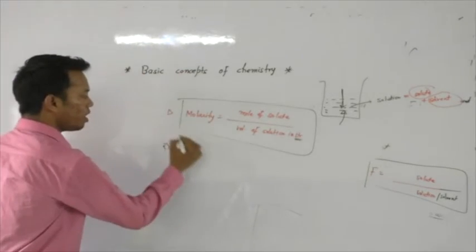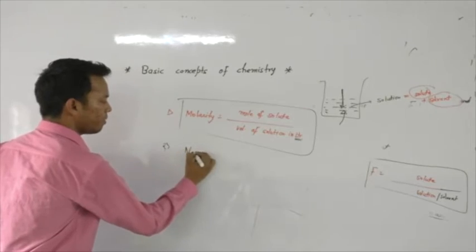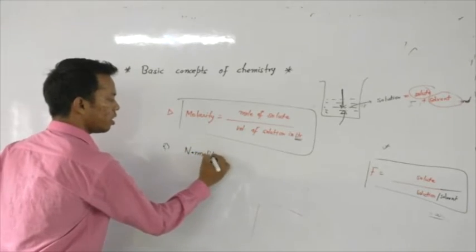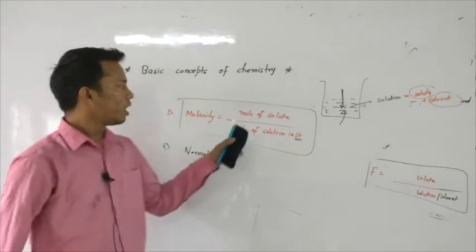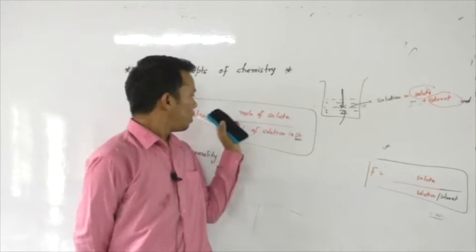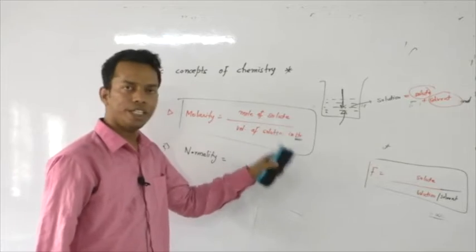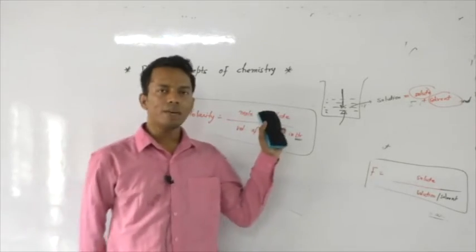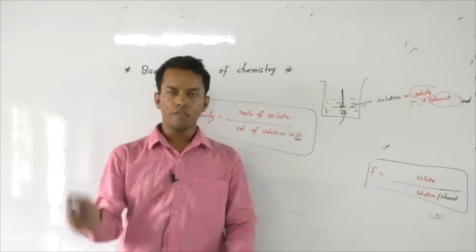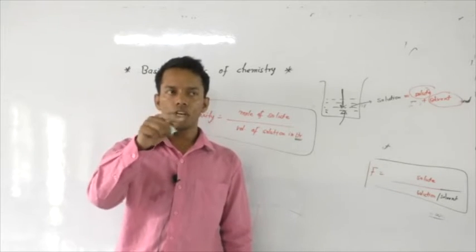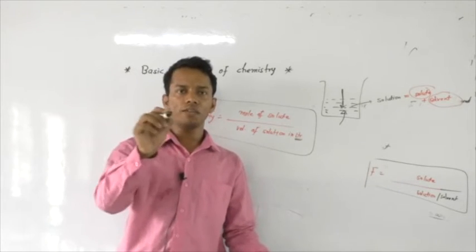Second is what? Normality. See, if molarity formula is this: mole of solute divided by volume of solution in liter. Let's say instead of mole, they are giving mass. 5 grams sugar. So what is mole? 5 divided by 342.